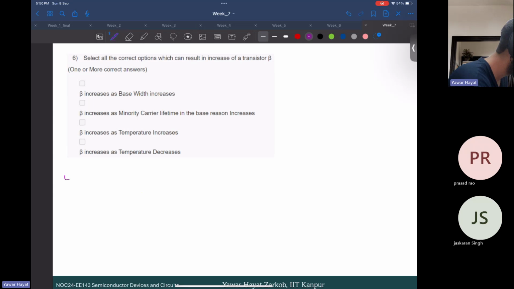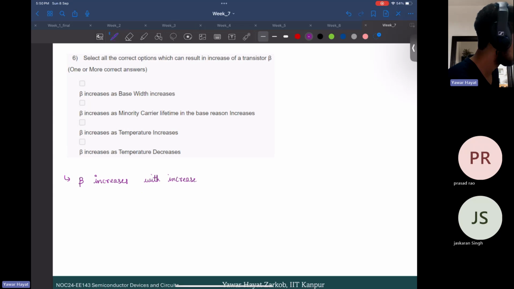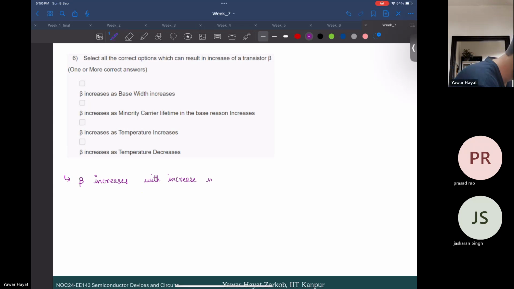your beta increases with increase in minority carrier lifetime.